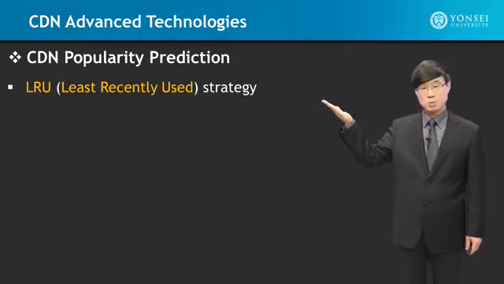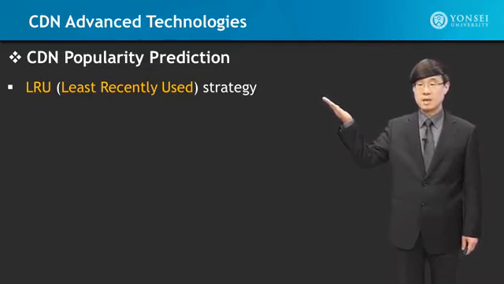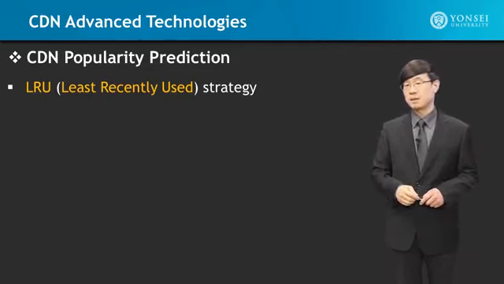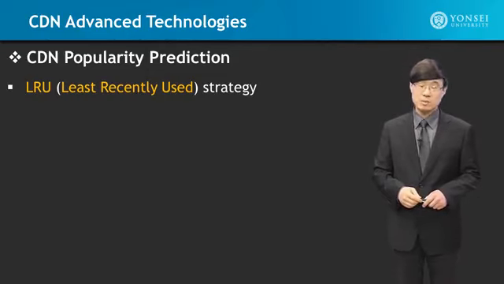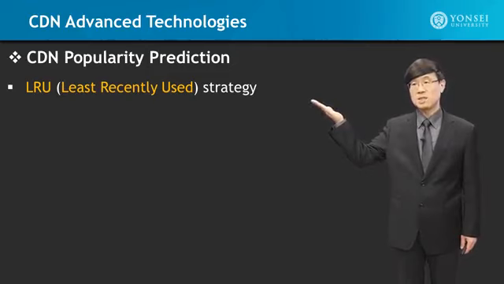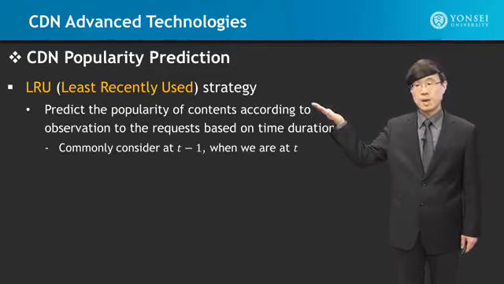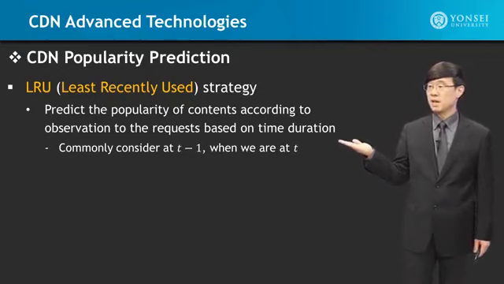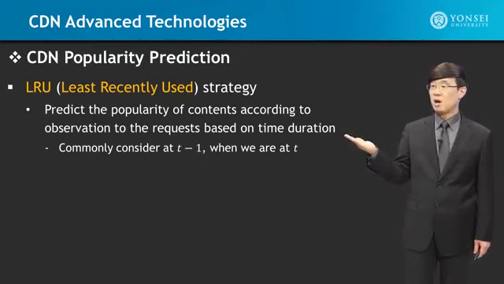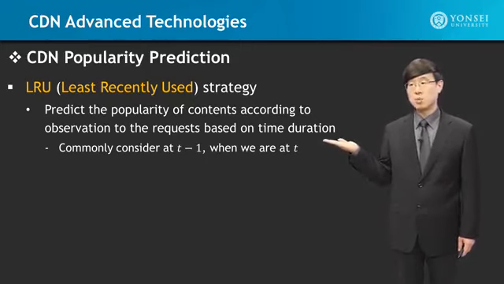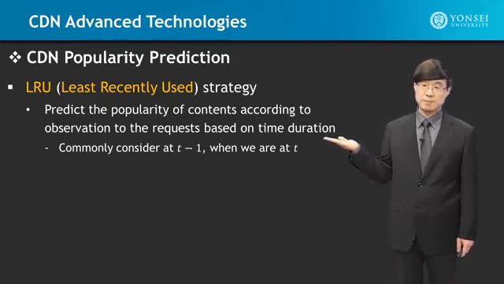Using the Zipf distribution and other modeling techniques, various models based on CDN popularity prediction can be conducted. One of the algorithms that is frequently used is the LRU, which is the least recently used strategy. This is used in a form where it predicts the popularity of the content according to observation to the requests based on time duration. Commonly considers t-1 when we are at t.